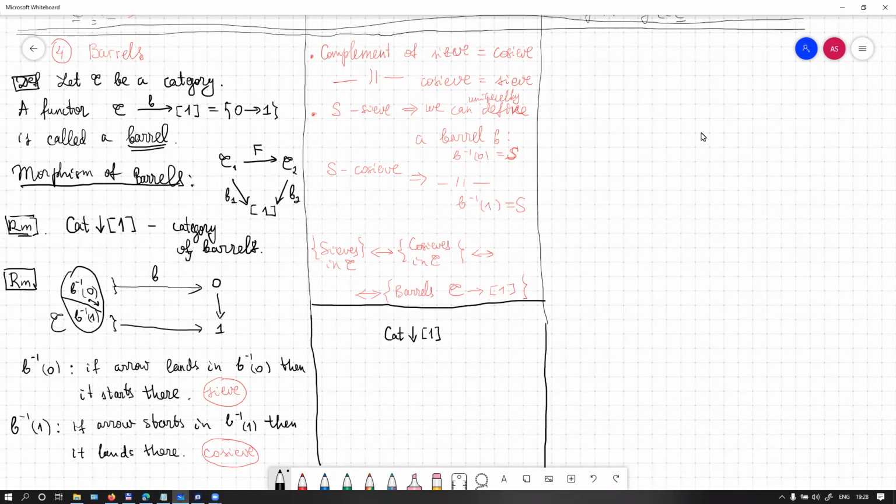So how do we define a sieve? We take our functor B from C to 1. We take the inclusion of a single object with a single arrow in the category of our interval, and then we take a pullback. So here is our B pre-image of 0. In a similar way, we can obtain our co-sieve, which is the pre-image of 1.